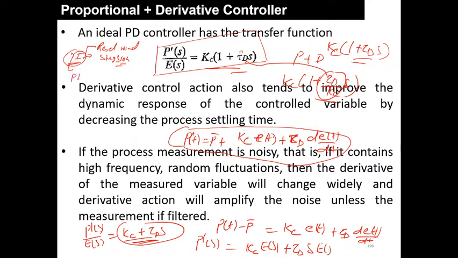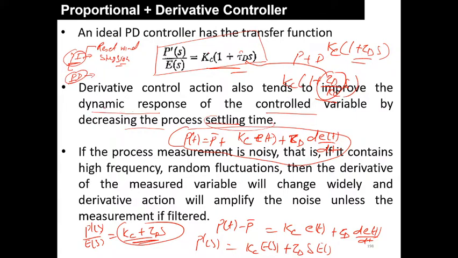So when the derivative controller is used with the proportional controller, the speed or the response of the system becomes very good. It improves the dynamic response of the control variable, and it also decreases the settling time.